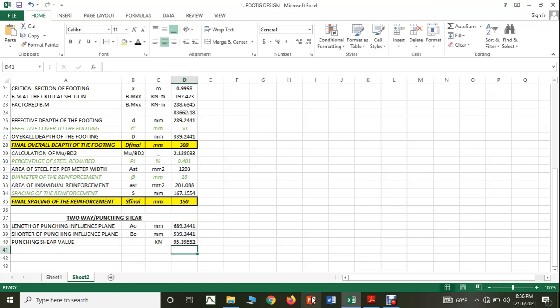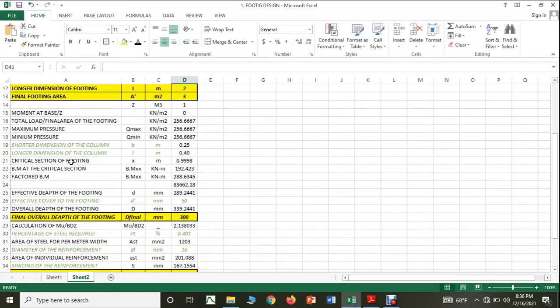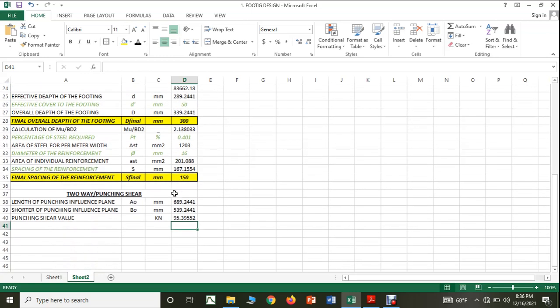So I will give the punching shear value in kilonewton. Q max is in kilonewton per meter square, whereas A naught and B naught are in mm, so I cannot directly multiply them. I have to divide them by 1000 twice.